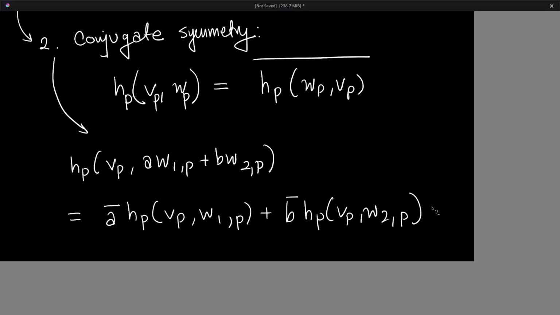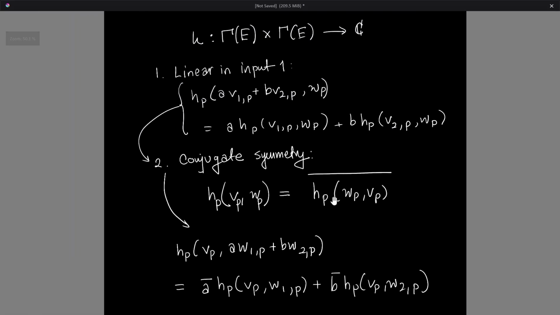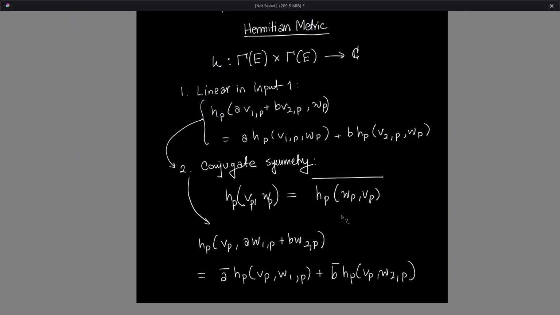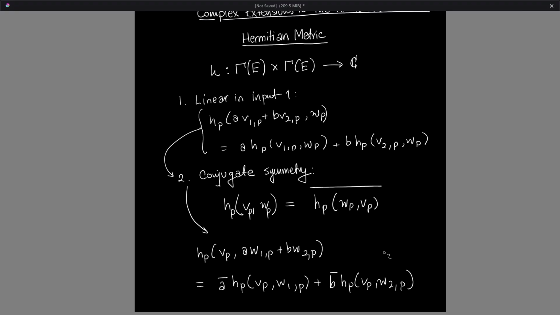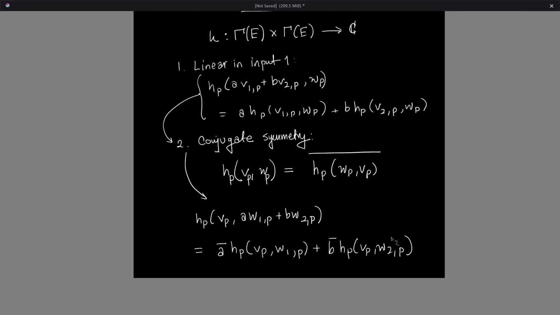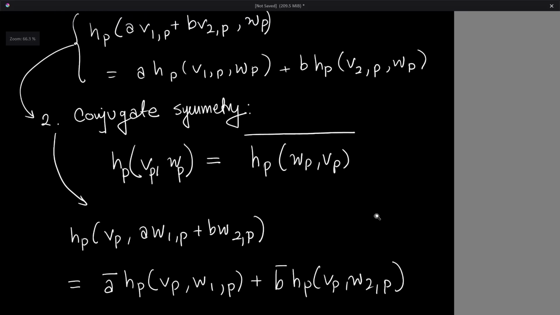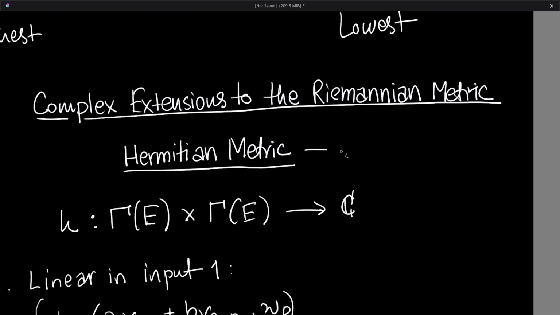So this disqualifies the Hermitian metric from being a tensor because it's linear in its first input and conjugate linear in the second. There's a special term for it: the Hermitian metric is called sesquilinear.